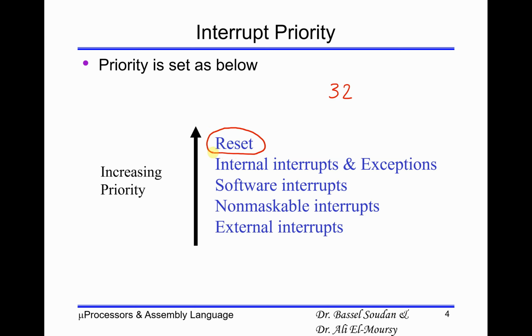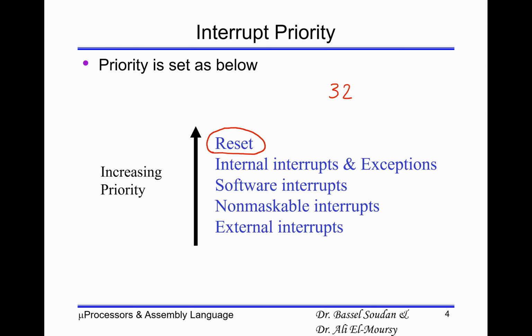What is a reset interrupt? It is the interrupt that the microprocessor receives when the end user presses the reset button on the machine. Pressing reset sends a reset interrupt to the microprocessor, telling it, hey, we have an emergency case here. The user needs to reset, to shut off the machine.